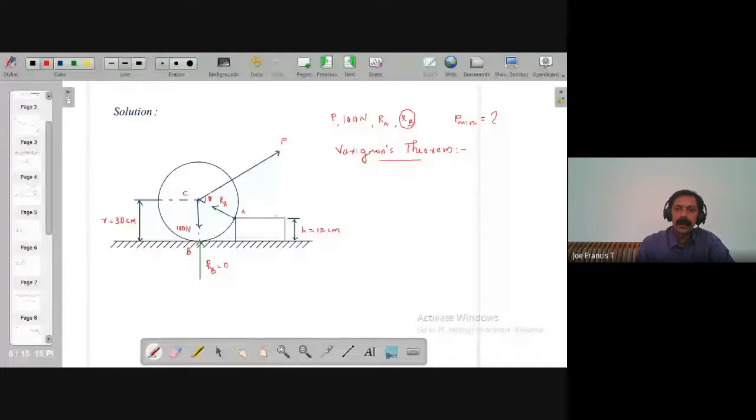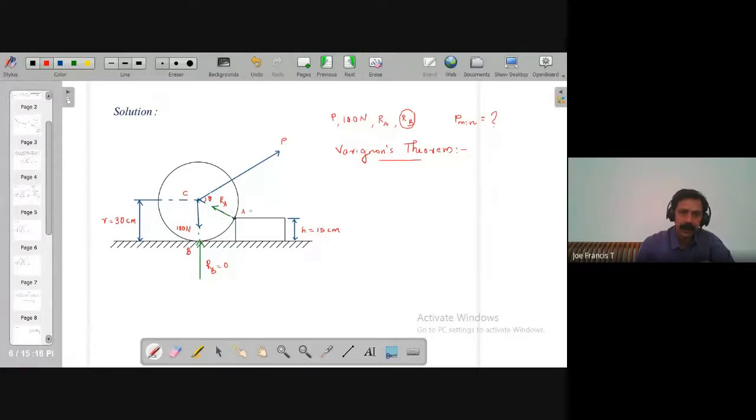Varignon's theorem means you take the sum of the moments of the components with respect to some point in the plane. Since the system is in equilibrium, the sum of the moments of the components will be 0. In this particular case, I'm going to take the moments of all the forces with respect to point A.